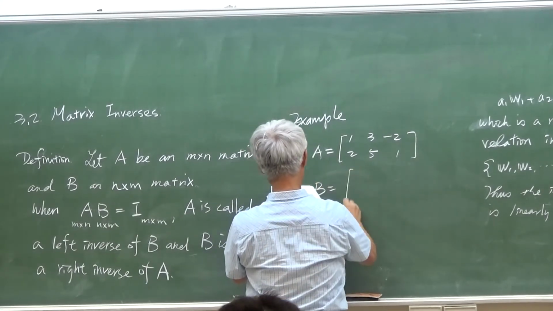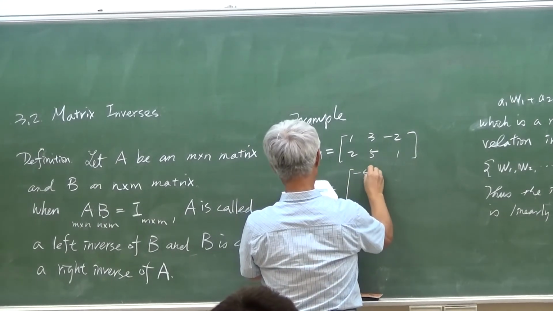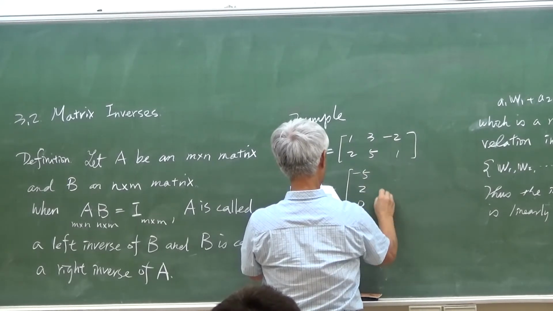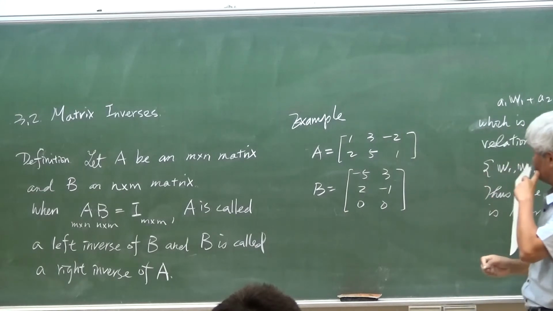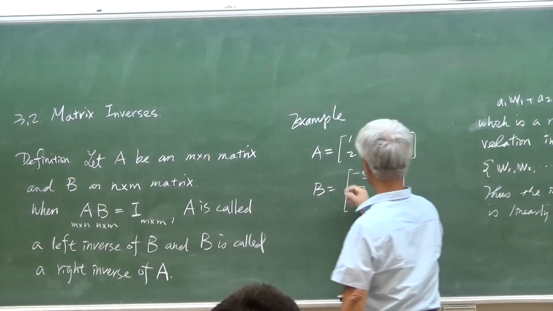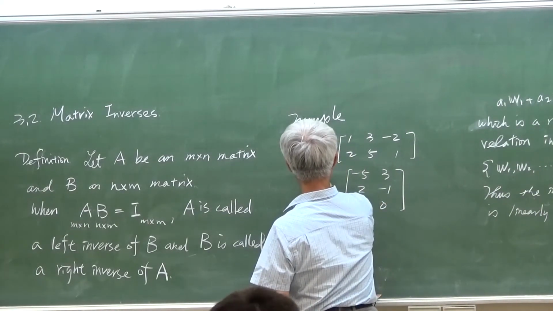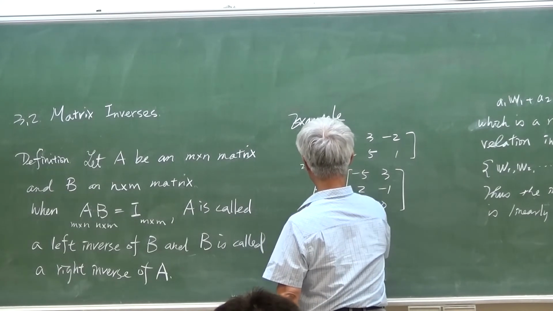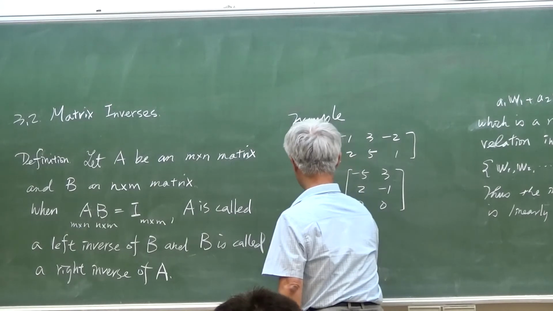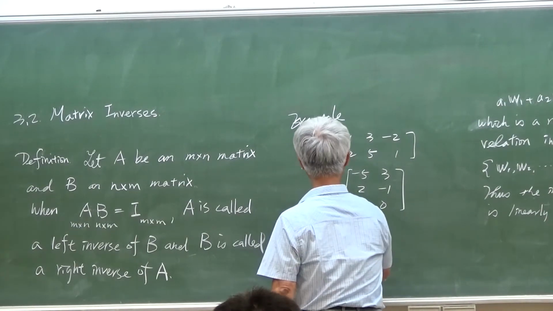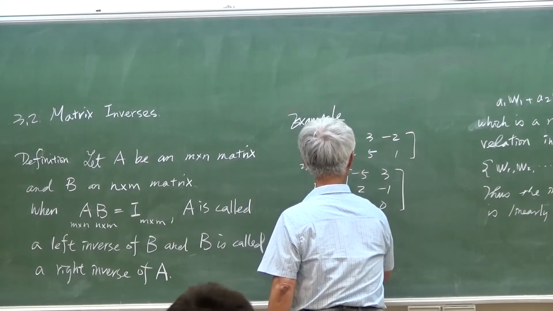B is, okay. That is 1. And so this A is 2 times 3. B is 3 times 2. Now you multiply AB.